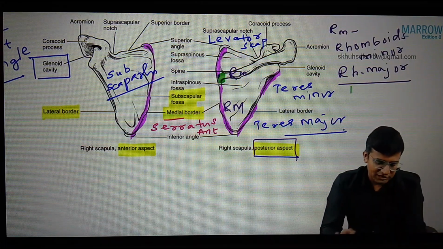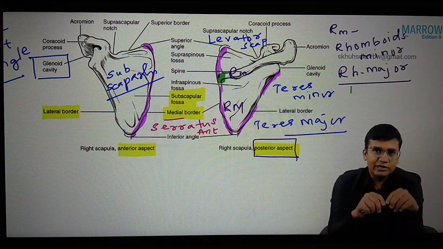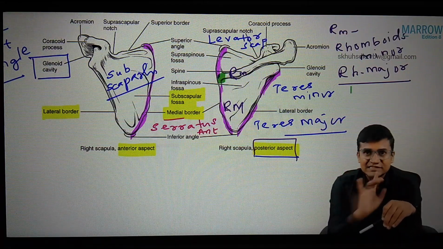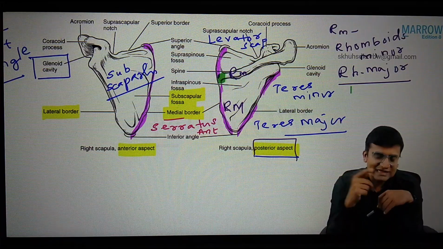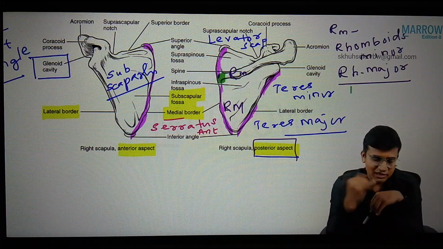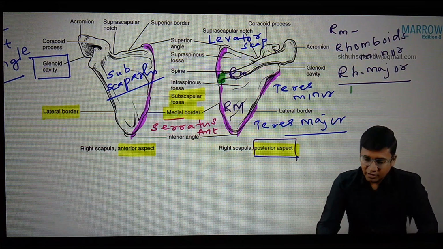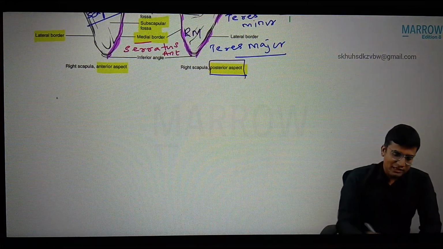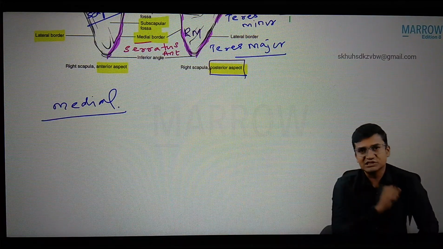Clear? Right. That's all about the borders, the lateral border and the medial border. In the medial border, you see only muscle insertion.